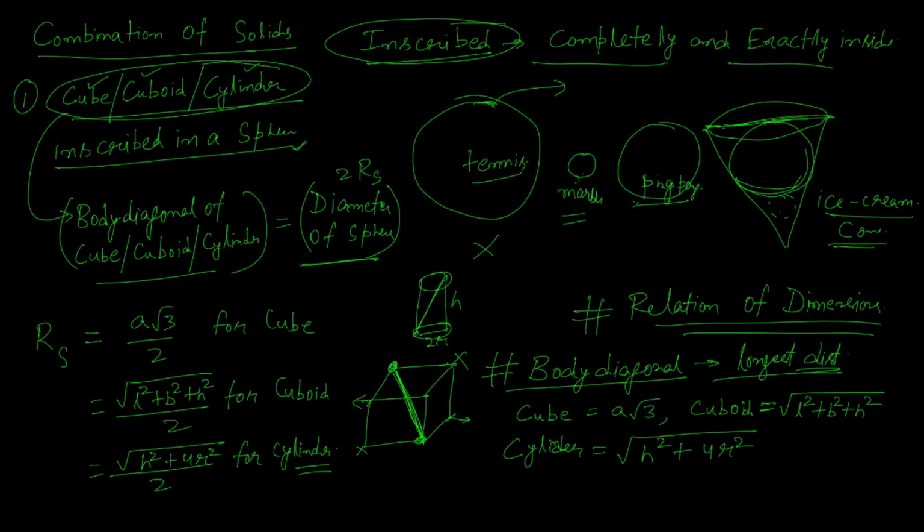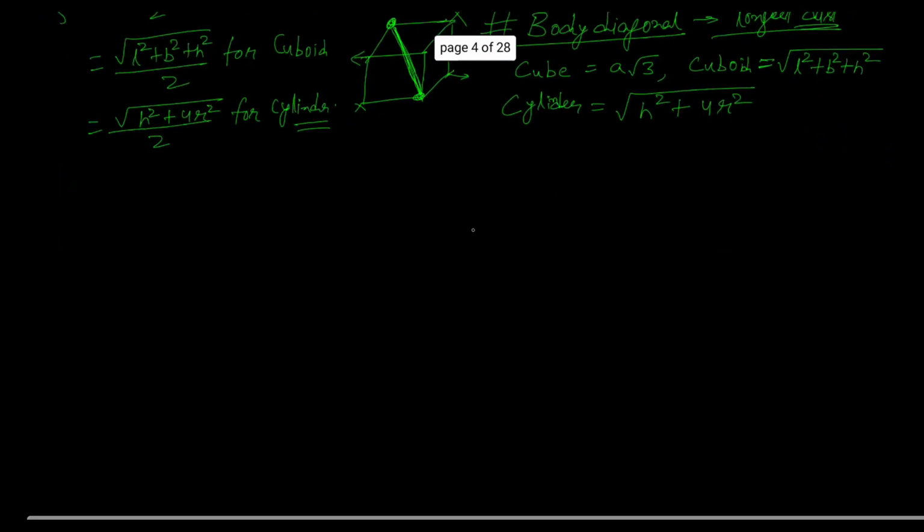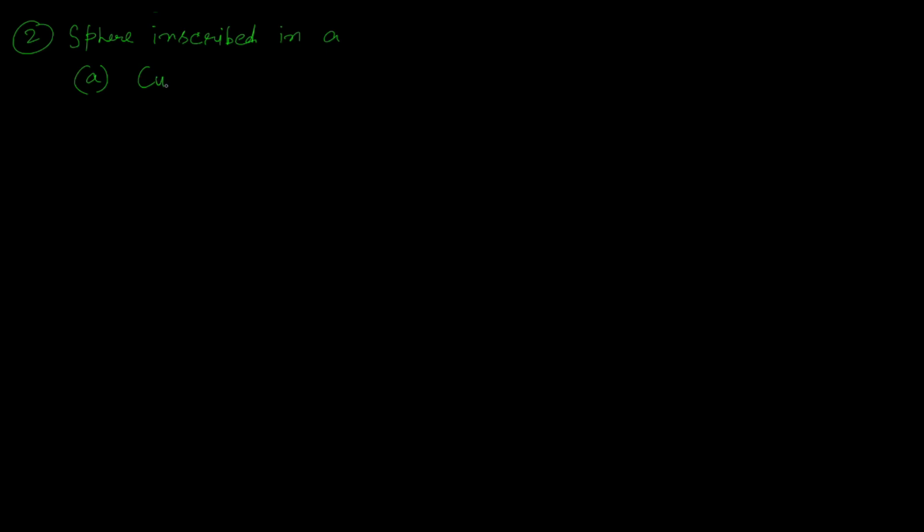Okay. Now, let's look at the situation the other way around. What do I mean by that? If I have a sphere inscribed in, now here I'll take one by one, a cube. Is it possible? Yes.